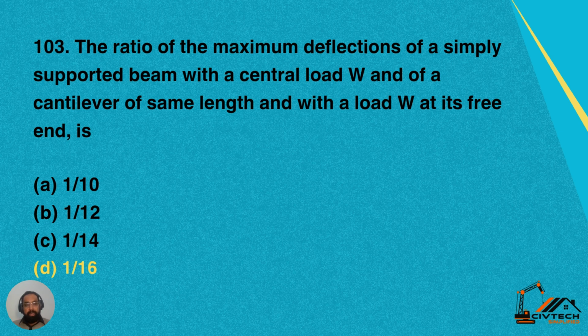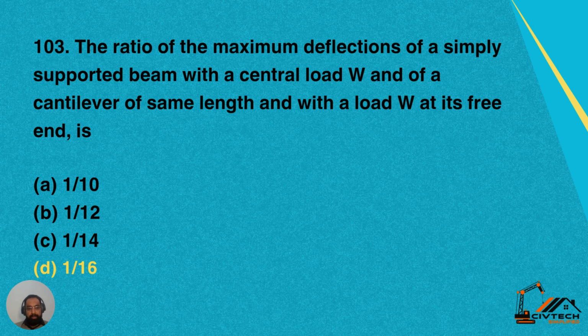Question number 103. The ratio of maximum deflection of a simply supported beam with central load W and of a cantilever of the same length with load W at the free end is, what is the ratio between a simply supported beam having a central load W and a cantilever beam with the same length, but the load here is applied at free end?